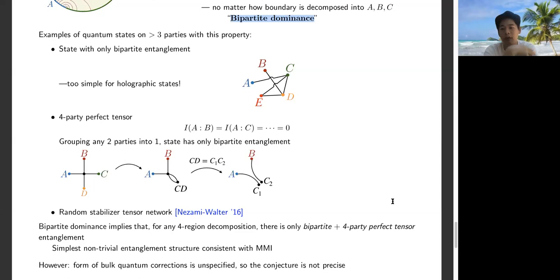Right. Okay. So for example, in the island case, this property will not be true?